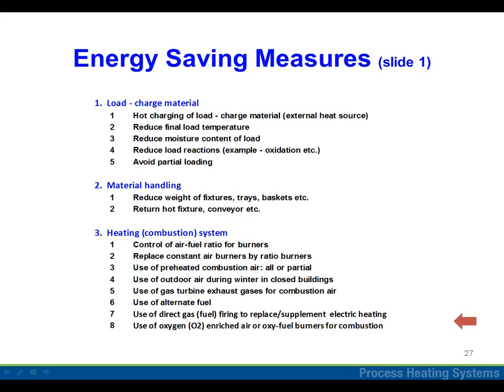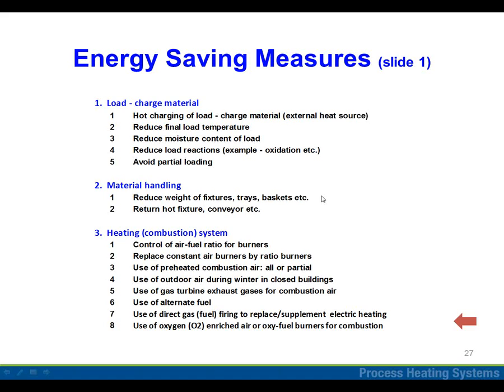Moisture content. Certainly you don't have any moisture going into the reheat furnaces, but there may be some going into arc furnaces. And what I mean by moisture doesn't necessarily mean water. It could be hydrocarbon vapors or oils or those kinds of things also.